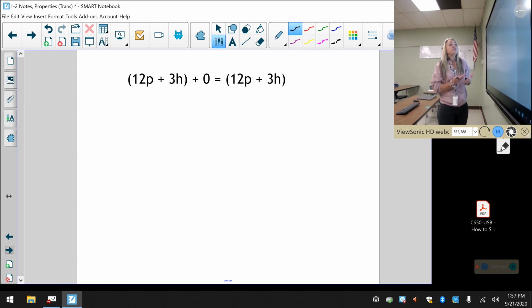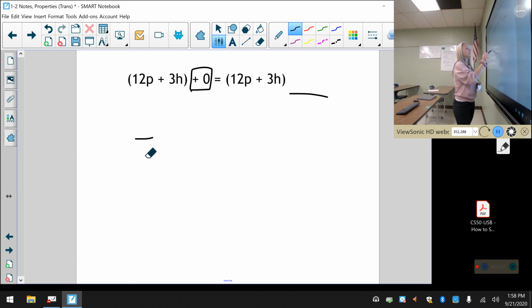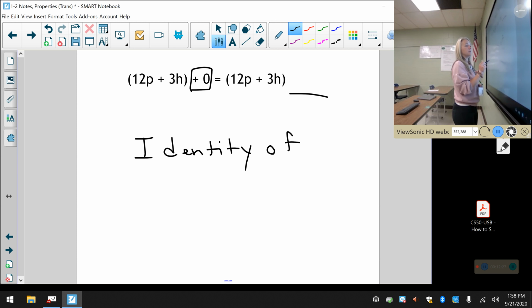So what is changing from this one to this one? That's the property we're looking for. So what is changing is on this one, there's no plus 0. Well, what property did we have on that list of properties that had a plus 0? It was the identity of addition. And I'm going to abbreviate since I'm on a delay.